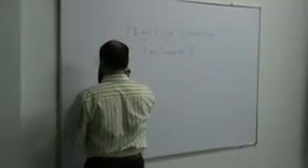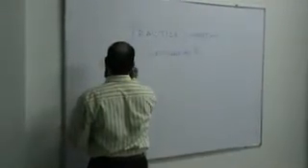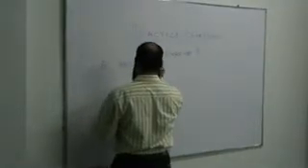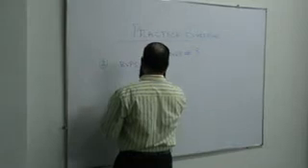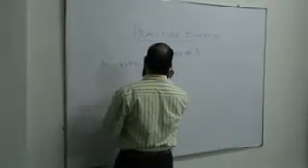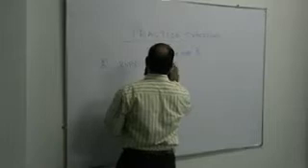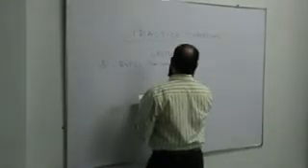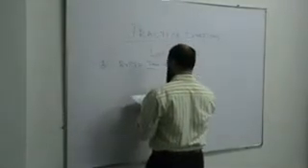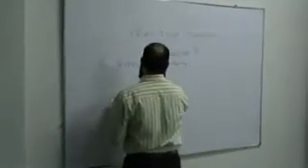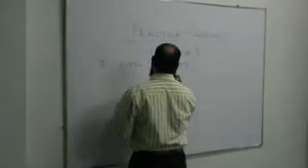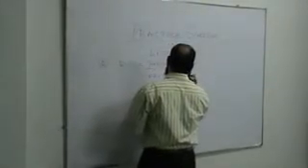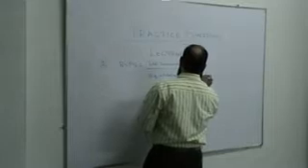So for question number 2, we have to find out the book value per share. That is total common equity divided by the number of outstanding shares of common stock.